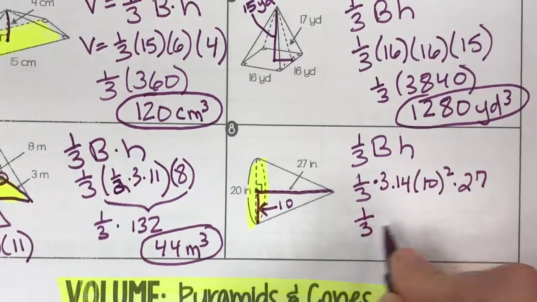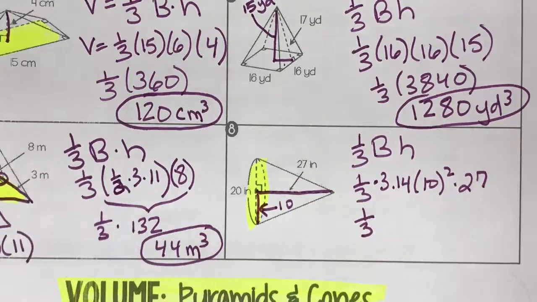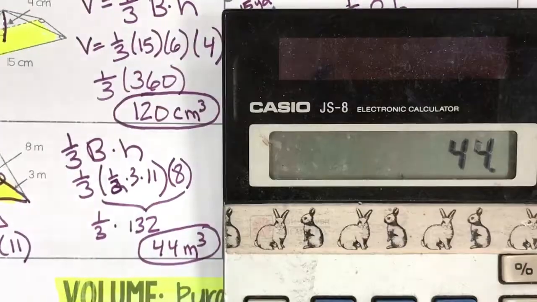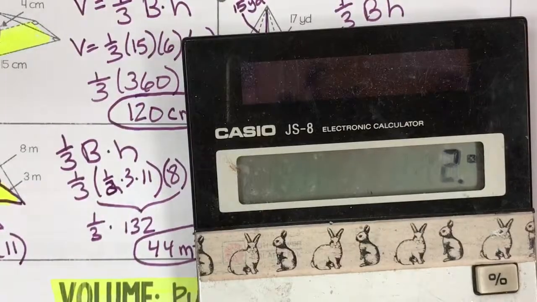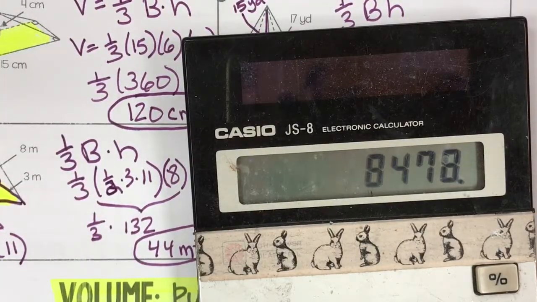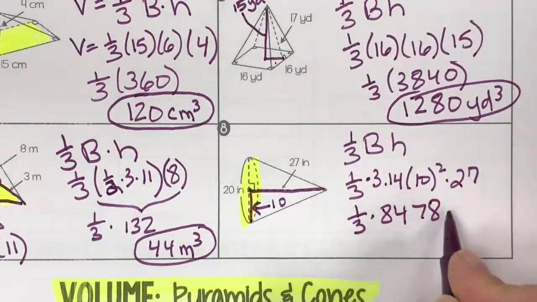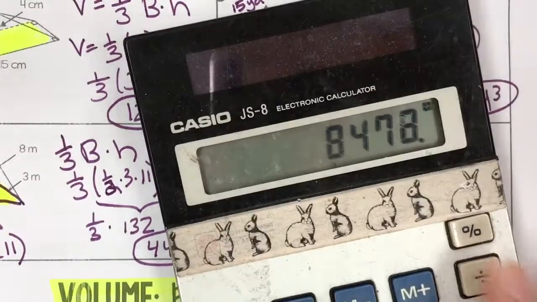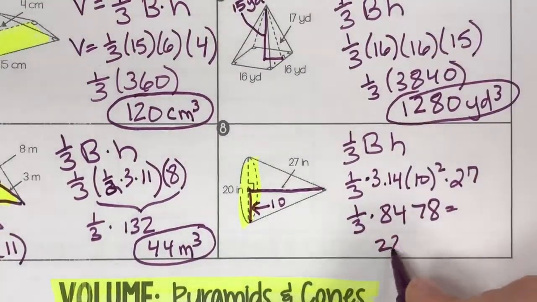So 1/3, and in my calculator, or even in my head, this is 100, right? 100 times 3.14 is 314, so I can do 314 times 27, and then we'll divide by 3. So 8,478 divided by 3 gives the answer 2,826.